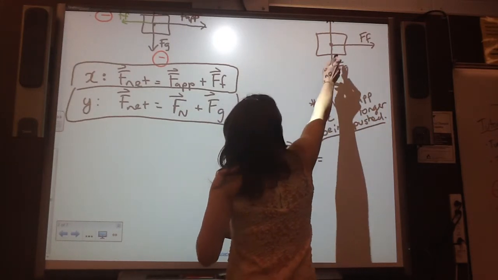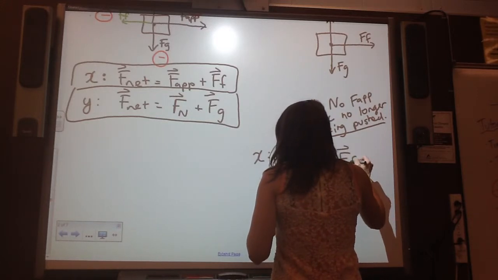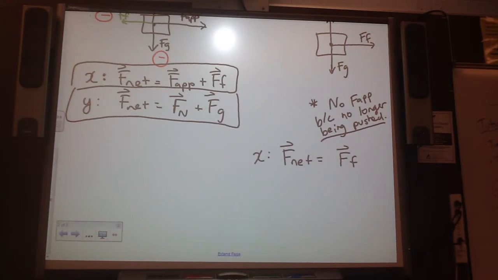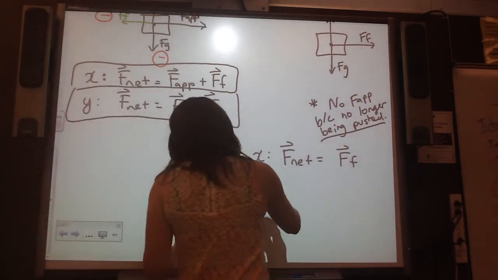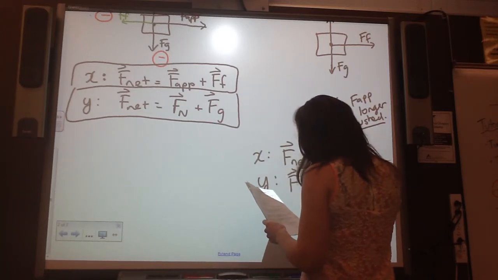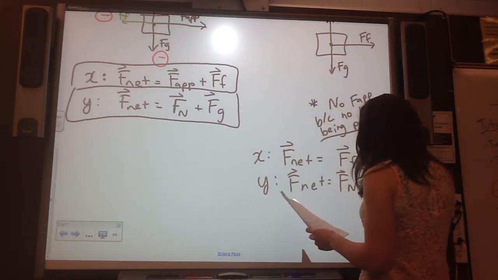What is my x? Only horizontal. It's only Ff. I don't add F app because there is no F app for this one. And y is Fnet is equal, again, to Fn plus Fg.